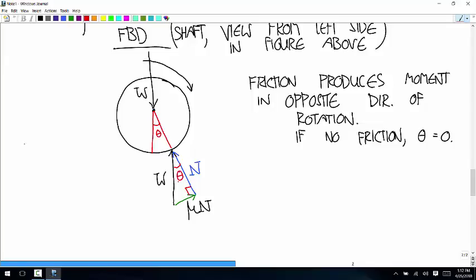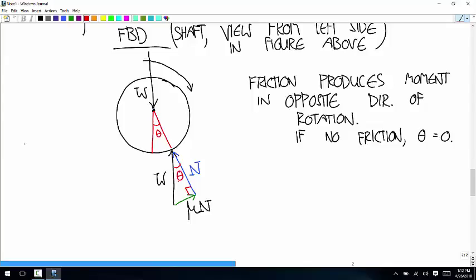But what do we want to use that angle for? What are we trying to find? So we know the magnitude of this force W. That's something given in the problem. That just depends on how much weight there is. But we need to know what the moment arm is to figure out the moment that this friction is producing. Okay. You with me on that?